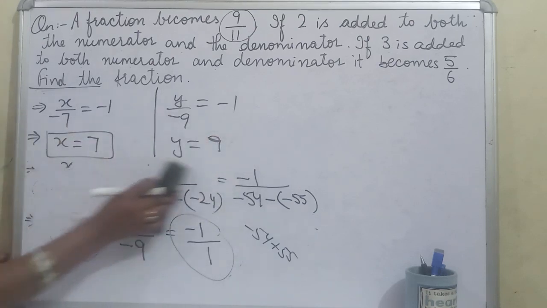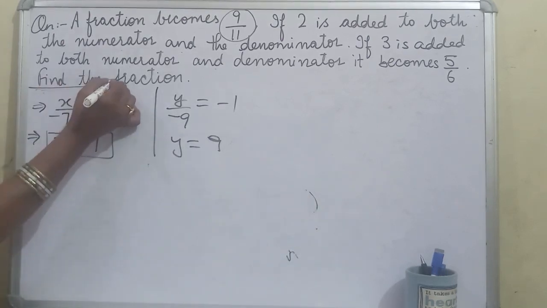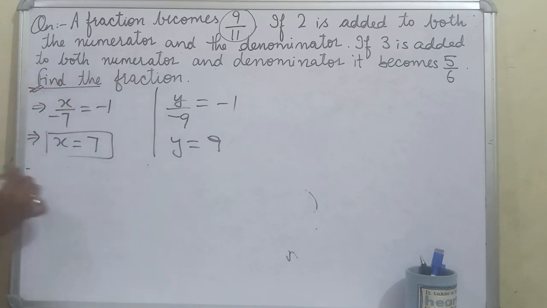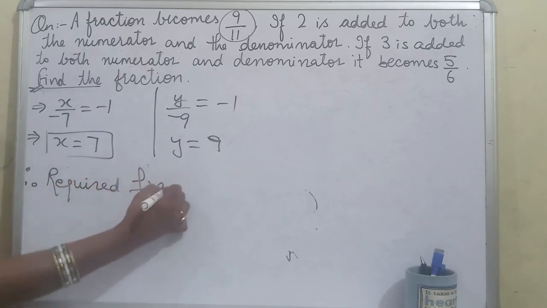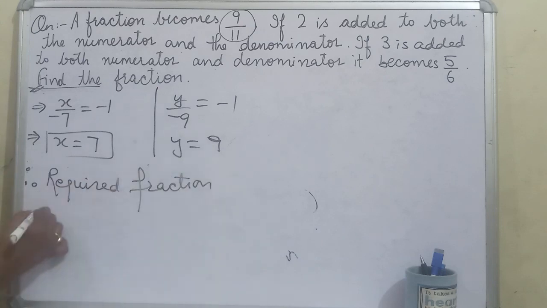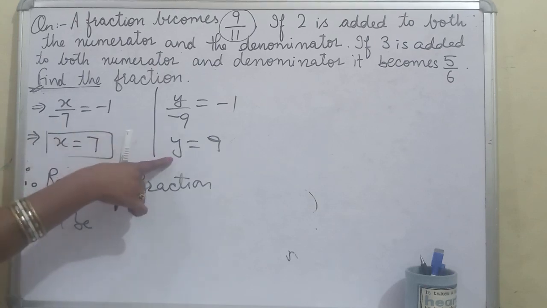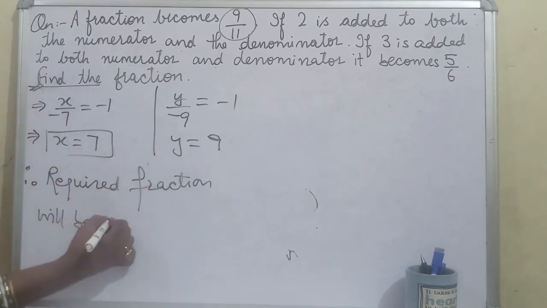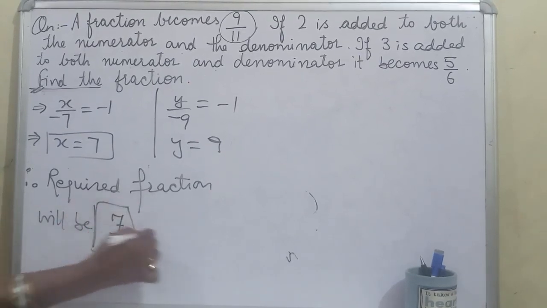Now after getting these two values, we should not leave the answer at the values of x and y, because we are asked to find the fraction. So you have to write it in the required way. The fraction will be x upon y, because we supposed this as the numerator and this as the denominator. So the fraction will be 7 by 9, and this is the answer.